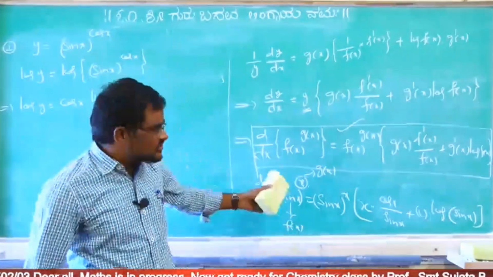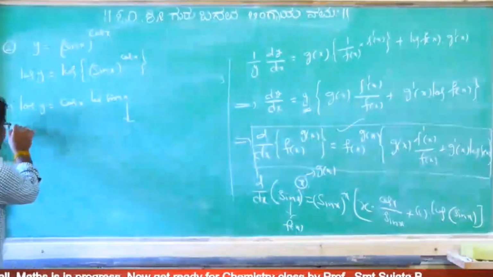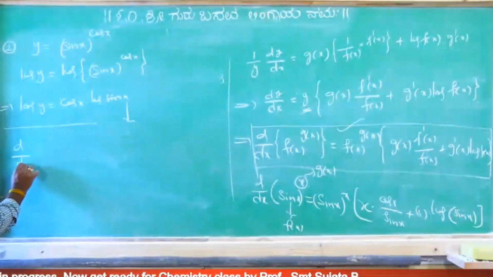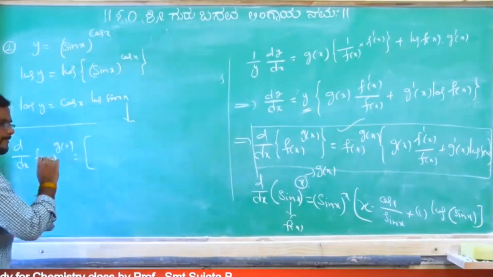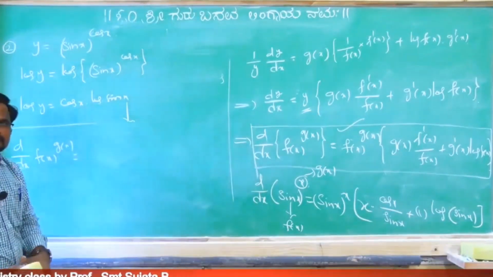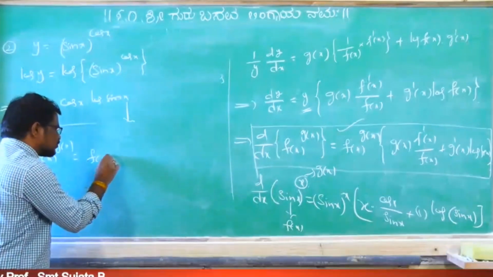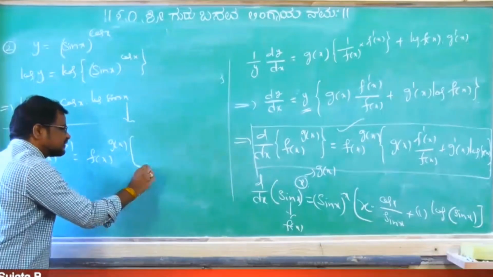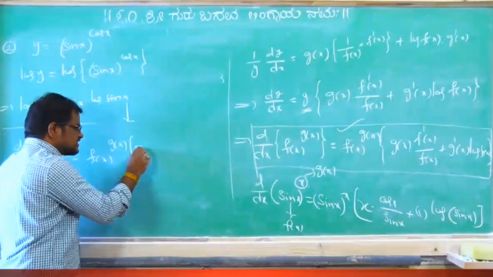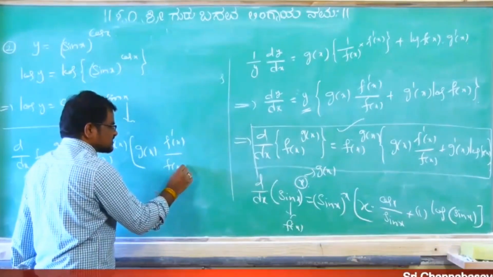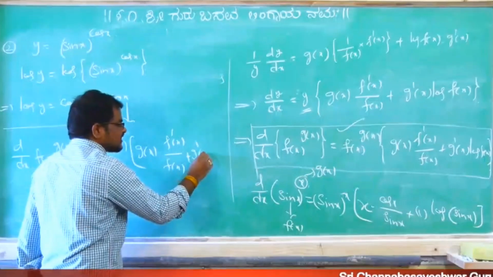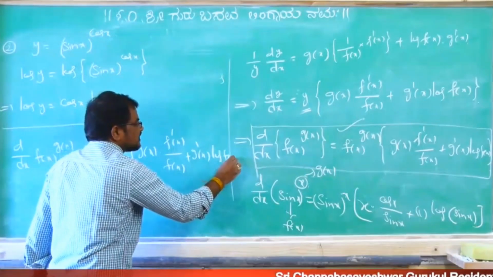Suppose here if you apply, so what is our d by dx of f of x whole power g of x? What is our form? F of x whole power g of x into g of x f dash x by f of x plus g dash of x into log of f of x.